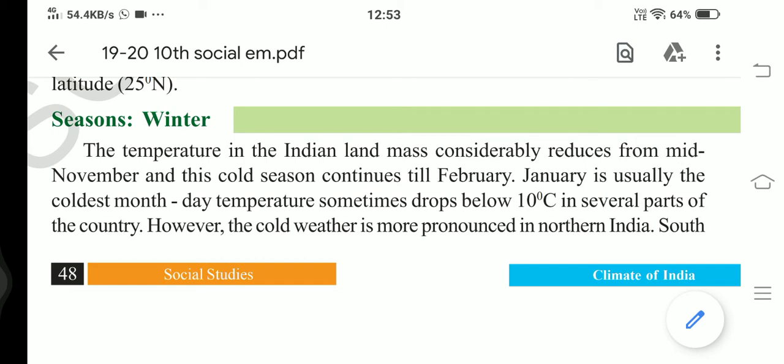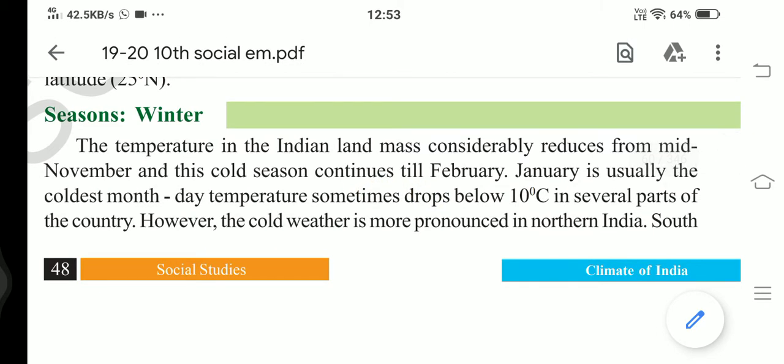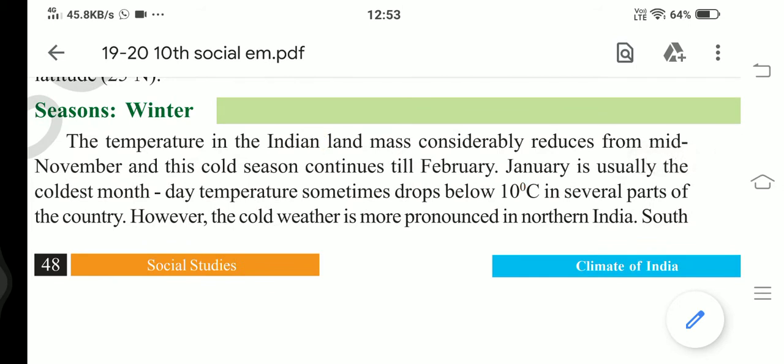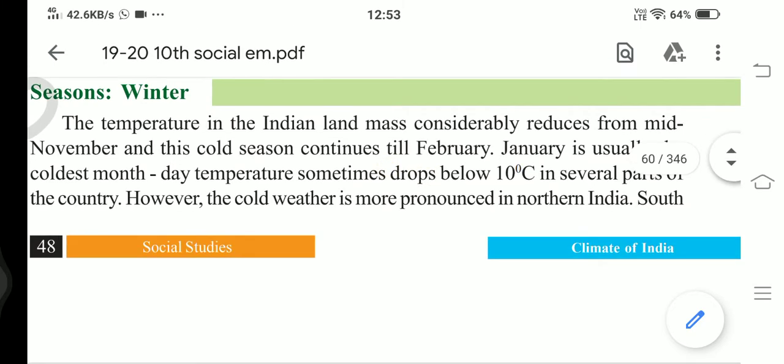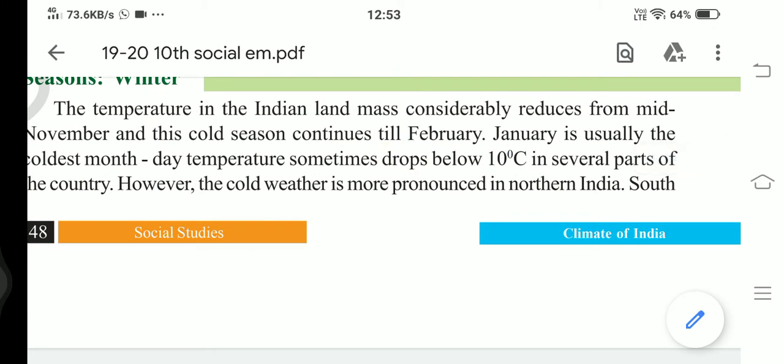Gradually we see that the temperature reduces till February. Understand, what is the season from November to February? It is the cold season, right? And in that cold season, especially January is the coldest month.